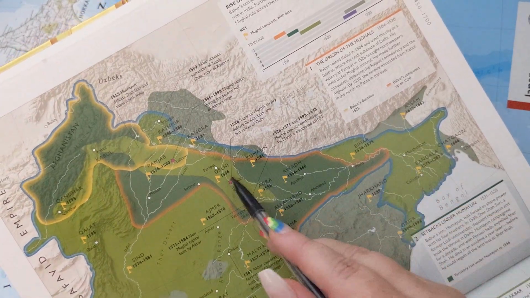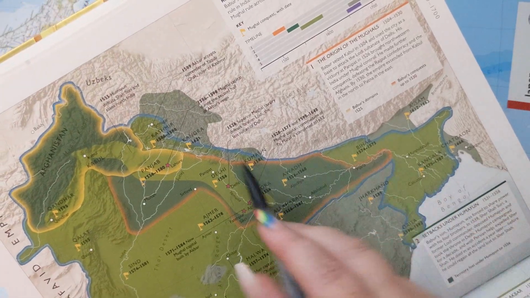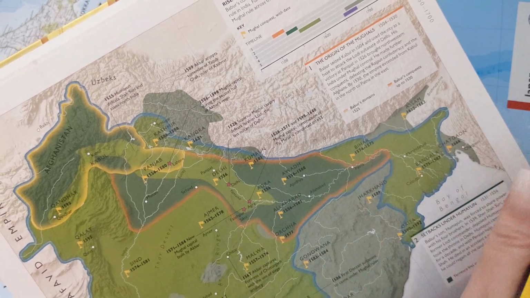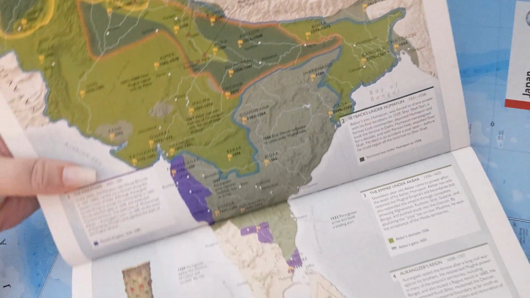So Agra, Delhi, and deep, like he was just skirting around the Himalayas here, not getting too close. It's kind of hard to conquer massive mountains, isn't it?